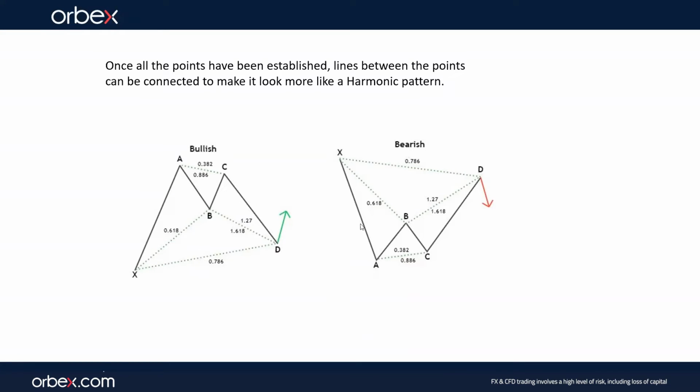So we've got the X to A leg, and then we've got the retracement, which comes up to 61.8. And then we've got the next retracement down, which can fall anywhere between 0.382 and 0.886.